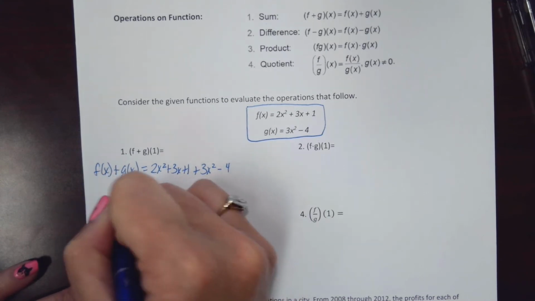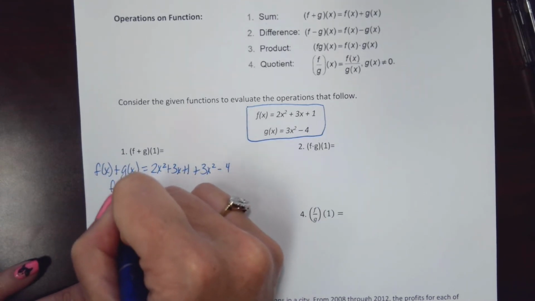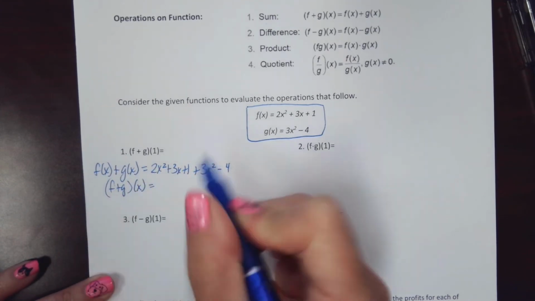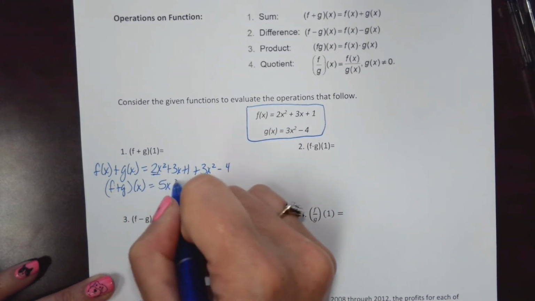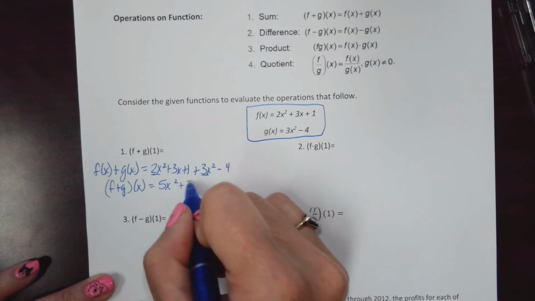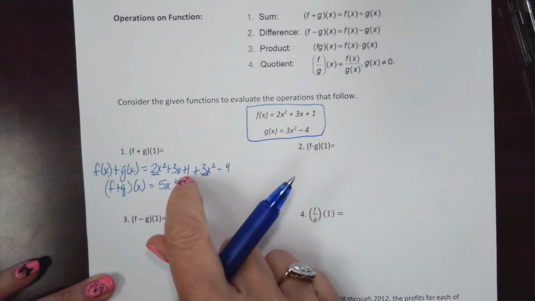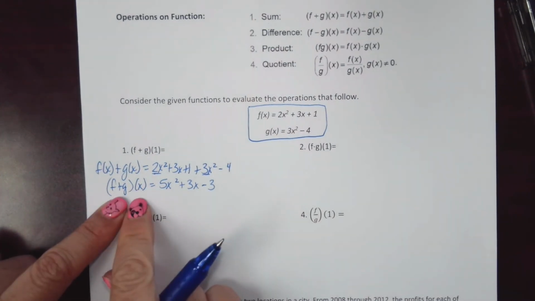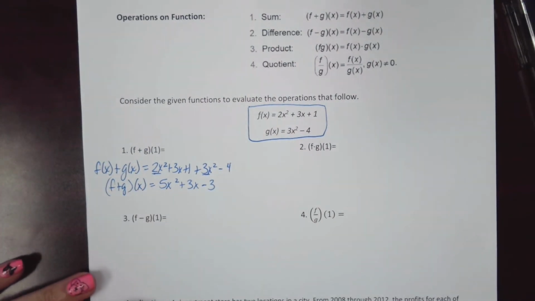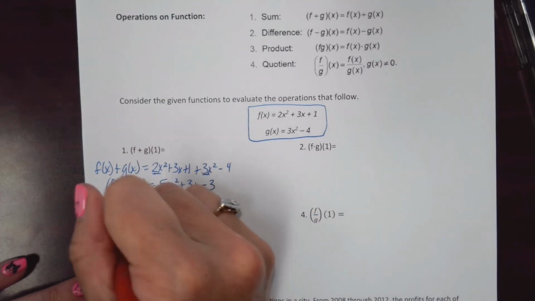And then I'm going to combine those like terms. I've got two squared terms, so that would be 5x squared. I've got 3x, and then I've got plus 1 minus 4 gives me minus 3. So that's f plus g of x. What I'm actually asked to calculate is f plus g of 1.